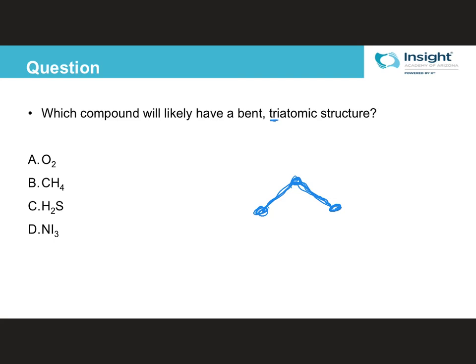One, it's triatomic. There's only one choice here that has 3 atoms. And while there's some bending to these other structures, these 2 would have pyramid and tetrahedron sort of stuff. This only has 3. So this is H2S, which has a very similar shape to water.